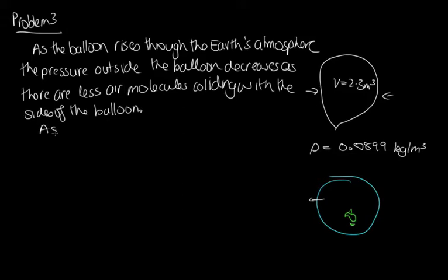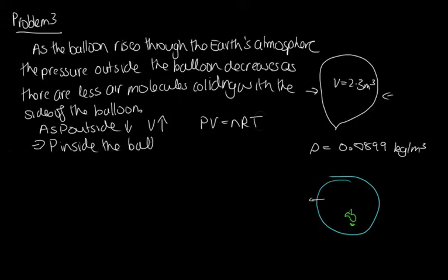So as P outside goes down, the volume is going to go up, and as the volume goes up, because of the ideal gas law, PV equals nRT, from about 10 kilometers to about 33 kilometers, the temperature of the atmosphere is relatively constant. So if the volume goes up, then the pressure has to go down. So this is going to mean that the pressure inside the balloon decreases.